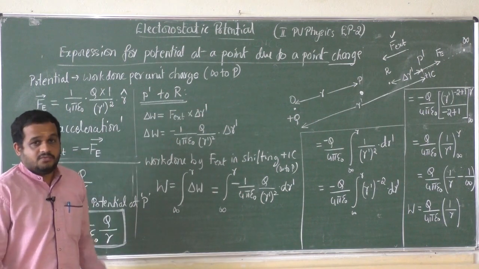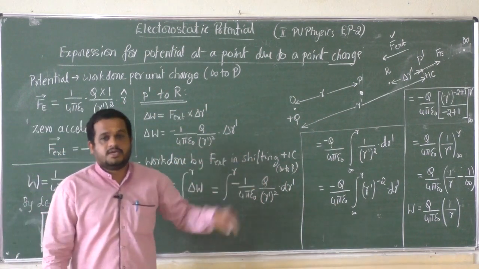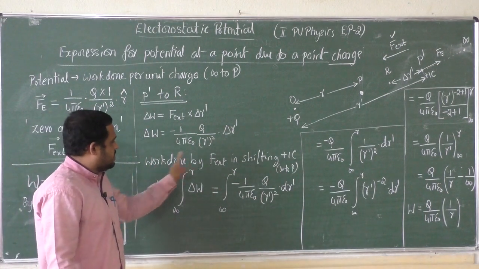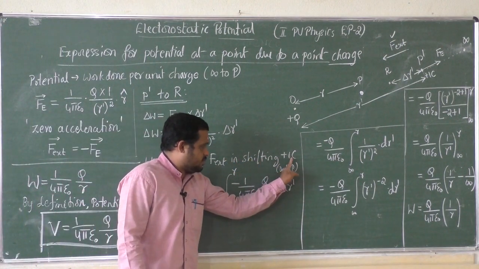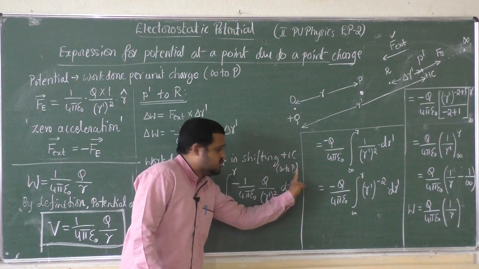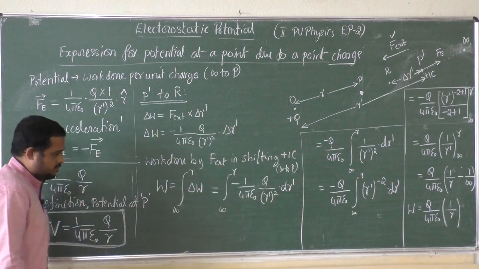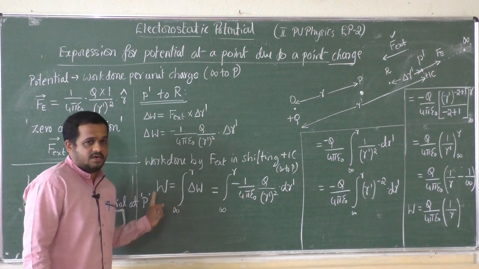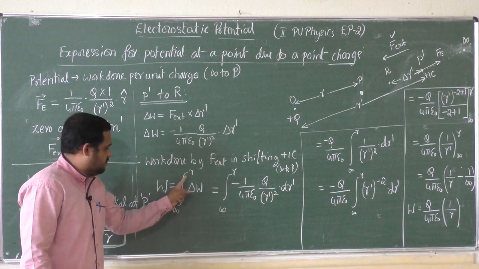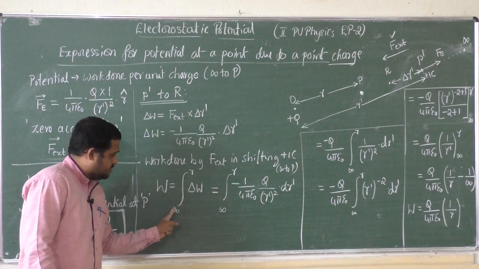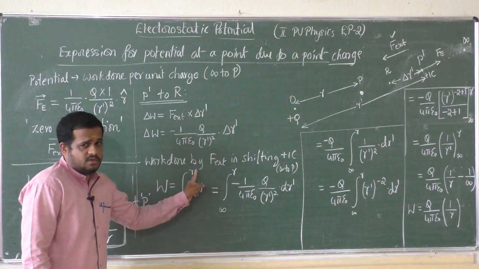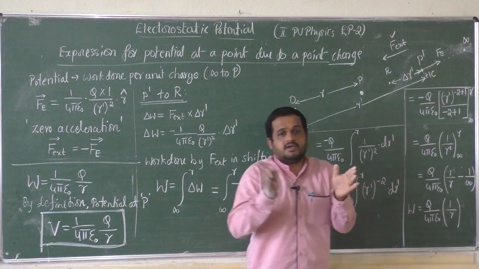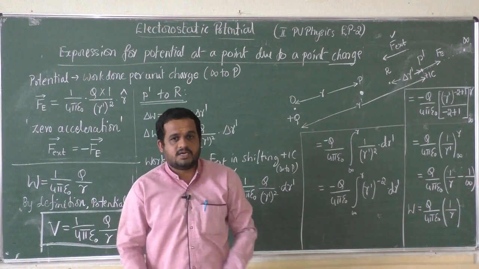Electrostatic force is a variable force because it depends on the distance from the source charge. Therefore, the total amount of work done in shifting the unit positive charge from infinity to point P is calculated using work done by a variable force, integral from infinity to r of delta W. That means the total journey can be divided into a number of small intervals.